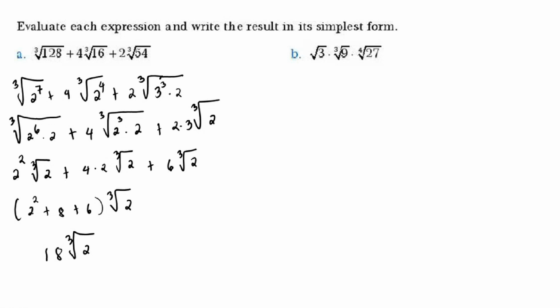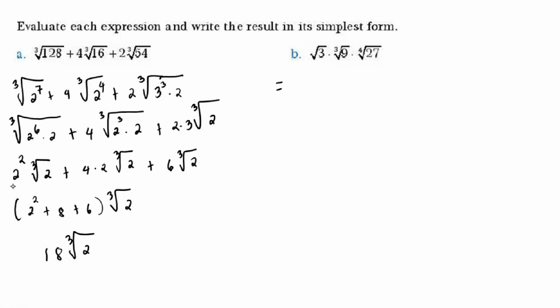Then, what about the next example? We have the square root of 3 times the cube root of 9 times the fourth root of 27. So in this case, this is multiplication wherein the indices are different. So if the indices are different, then we are going to find a common index. To solve for this, let us rewrite first in terms of fractional exponents.